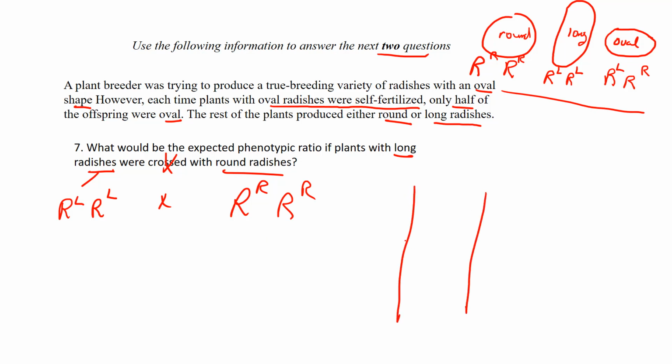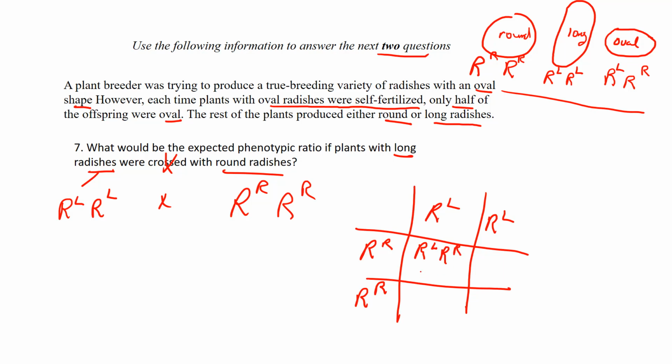We can do the Punnett square, step 3. We don't know which one's male or female, so we're just going to arbitrarily put those across the top and down the side. And we can see what's going to happen here. We're going to get capital R superscript L, capital R superscript R. That's going to be an oval.